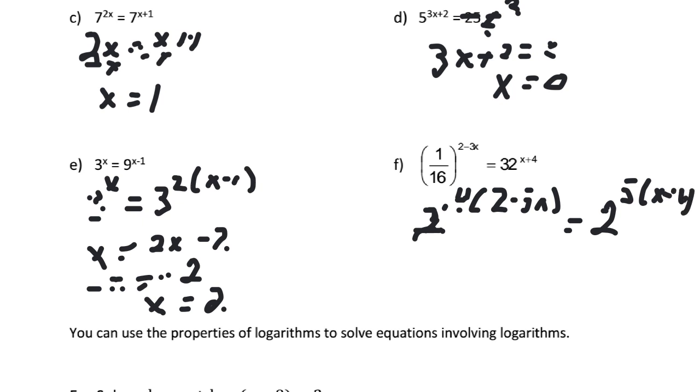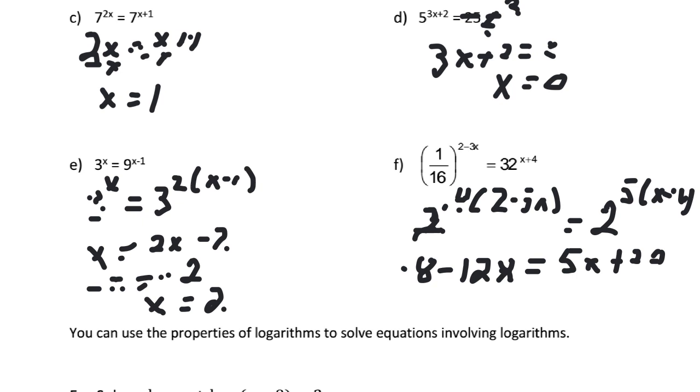Now I have my base 2's, and I multiply that in, and I get negative 8 minus 12x equals 5x plus 20. And the rest of it is just solving it.